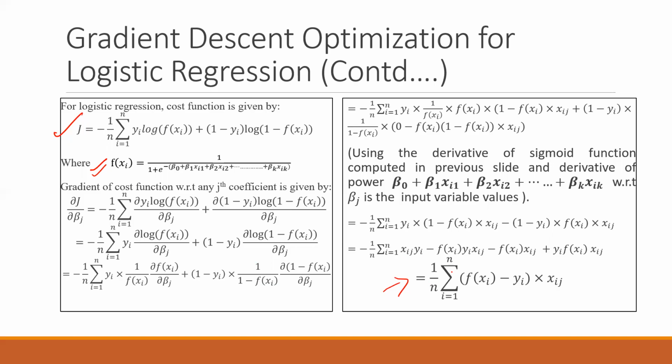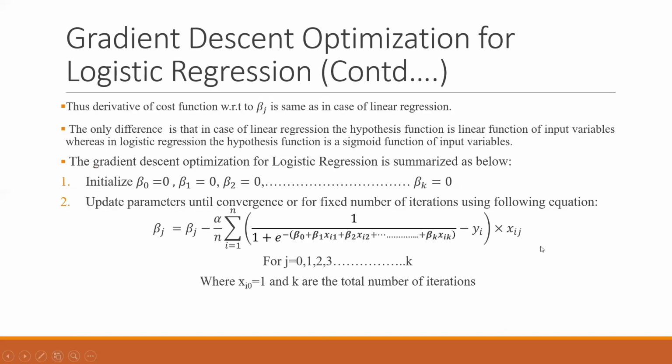If it is asked in an interview, you should know how it works. After this, the derivative of the cost function with respect to beta j is the same as in the case of linear regression, and these are the basic steps, which will help us implement gradient descent optimization for this regression.